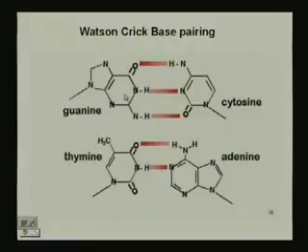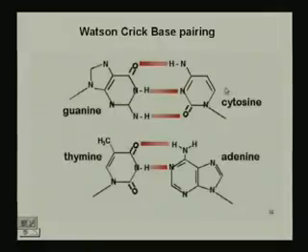So, you have a link between a purine and a pyrimidine. If we look at the other base pairing, we have adenine. What is adenine? It is a purine. What is thymine? It is a pyrimidine. So, we have purine pyrimidine pairing.